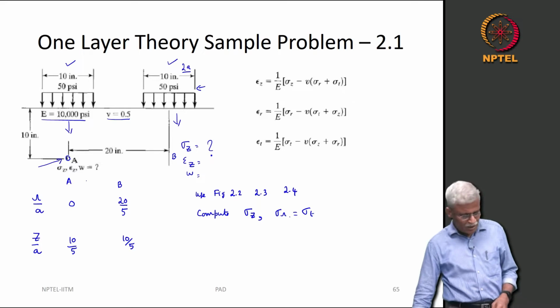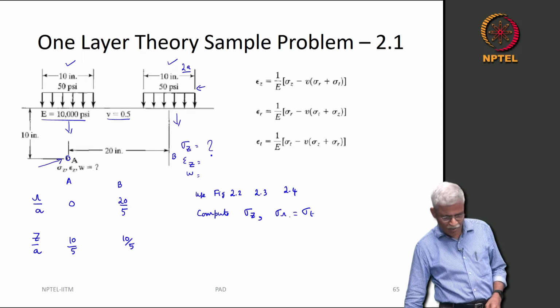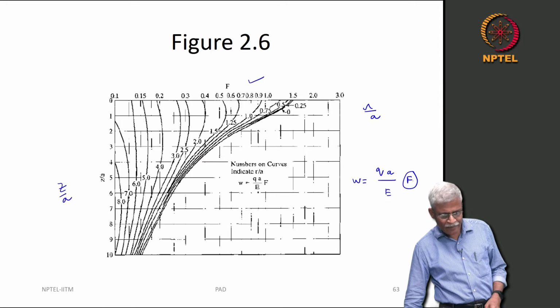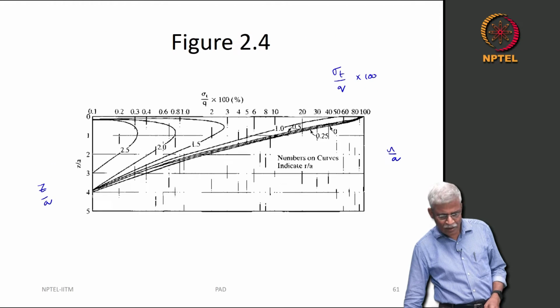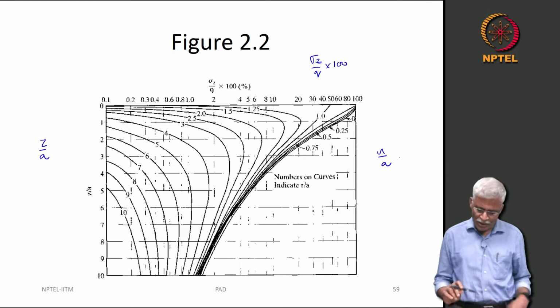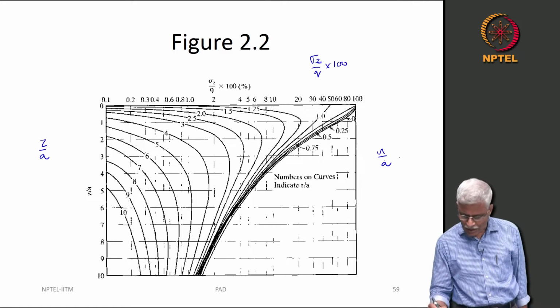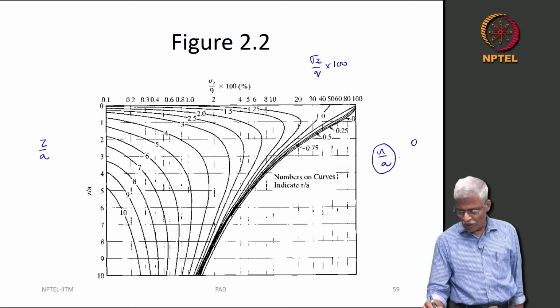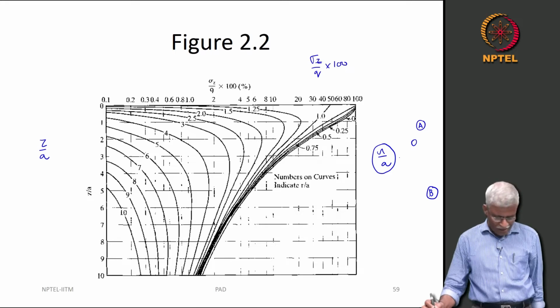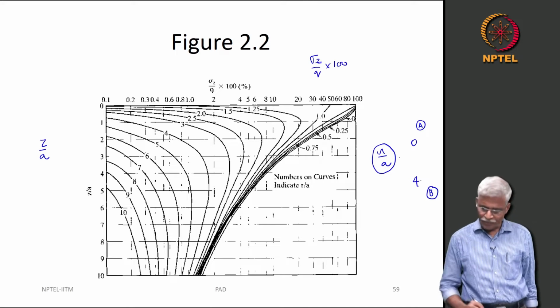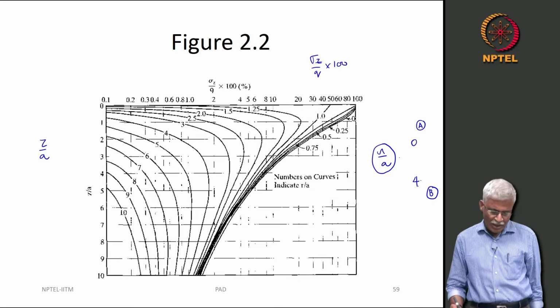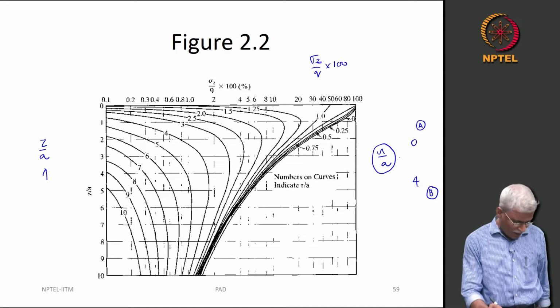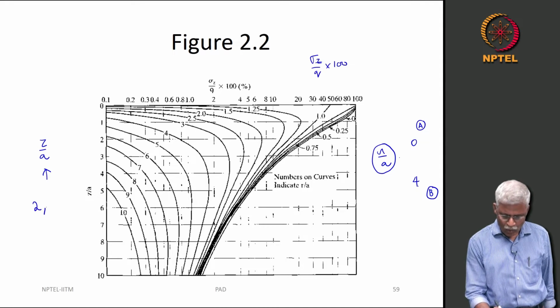So, now let us just go back and look at figure 2.2. So, what is it that you see here? What is r by a? Let us say for location A it is going to be 0, and for location B it is going to be 4. Similarly, z by a is going to be 2.